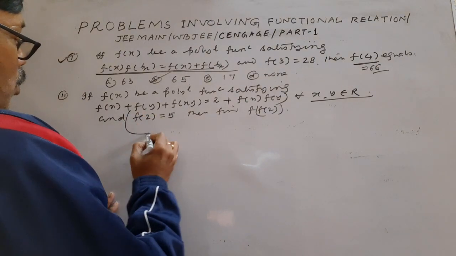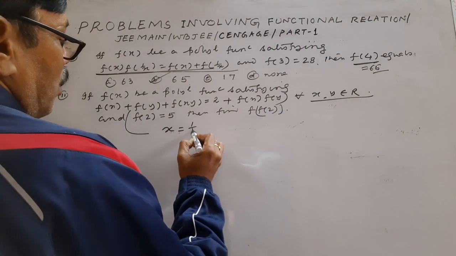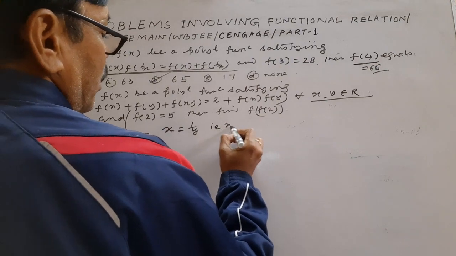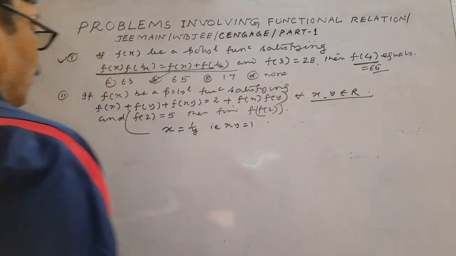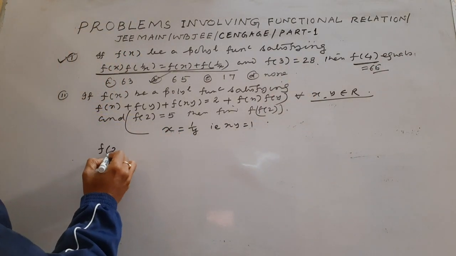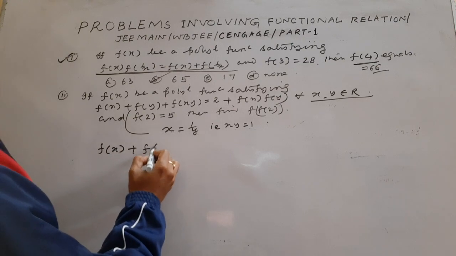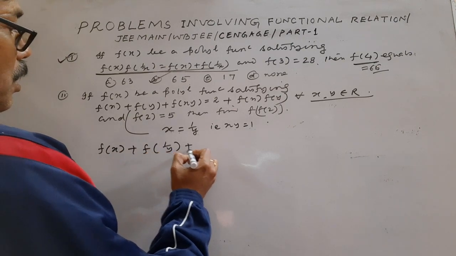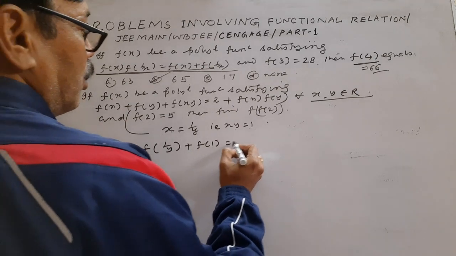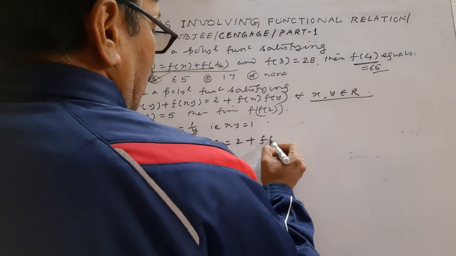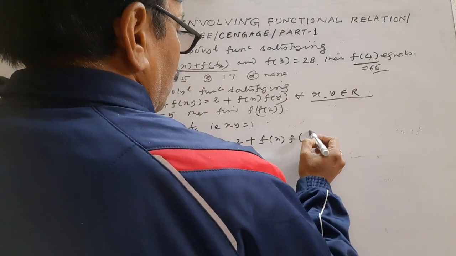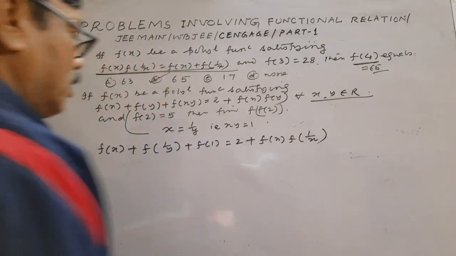If we put x = 1/y, that is xy = 1, then we get f(x) + f(1/y) + f(1) = 2 + f(x)f(1/x).